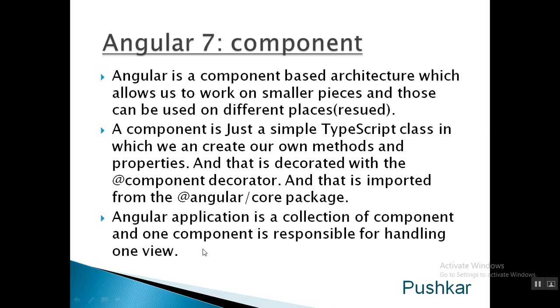In an Angular application we can create multiple components, or even thousands of components. So an Angular application is a collection of components, and each component is responsible for handling one view.